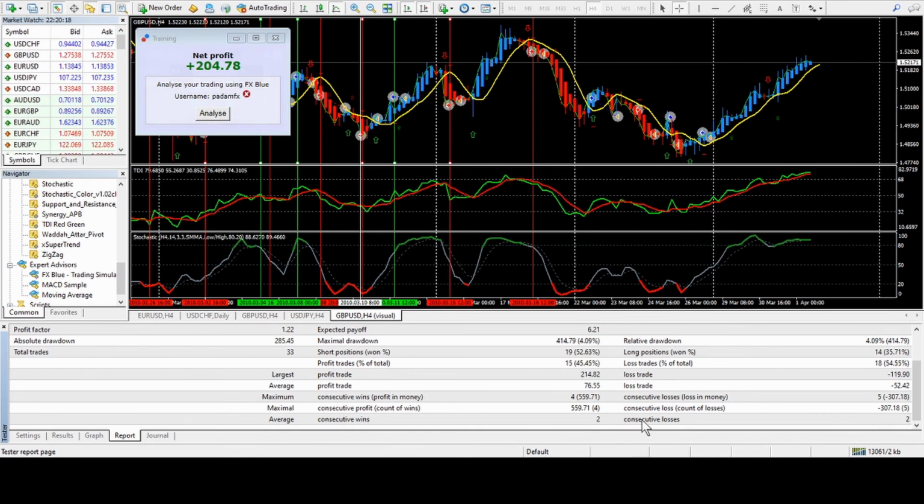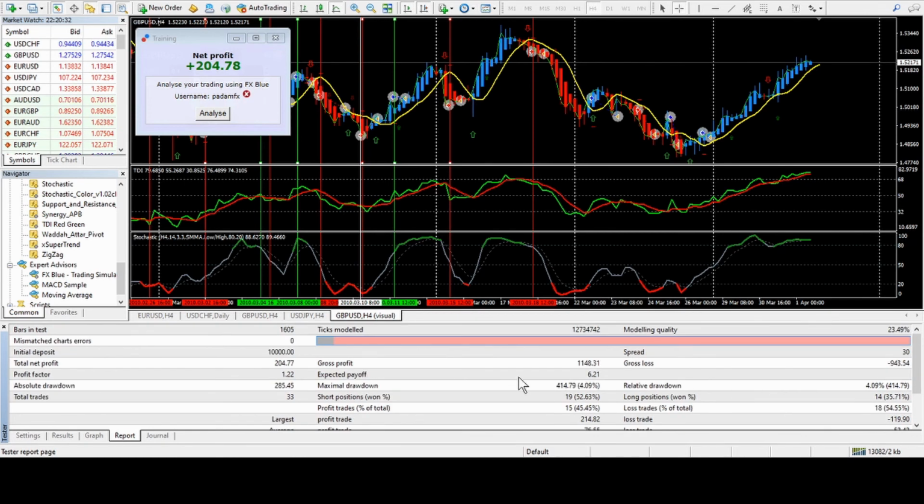The consecutive profit of 4 trades, 559. The consecutive losses, 5, was 307. So that's really good. The drawdown 4%, not bad.